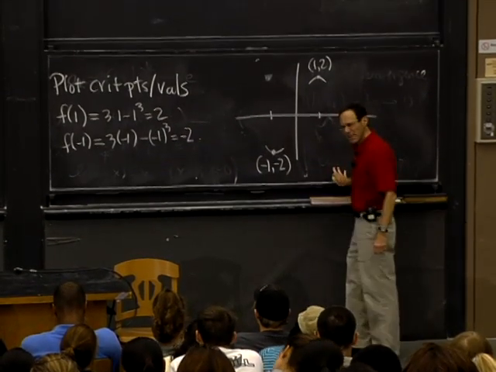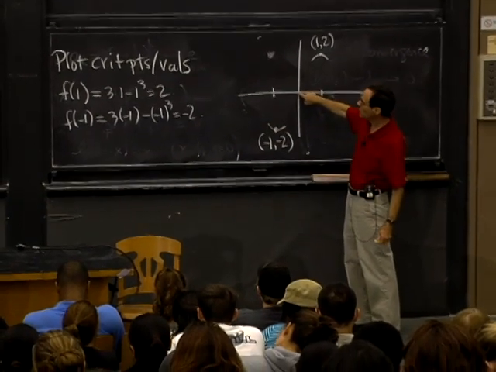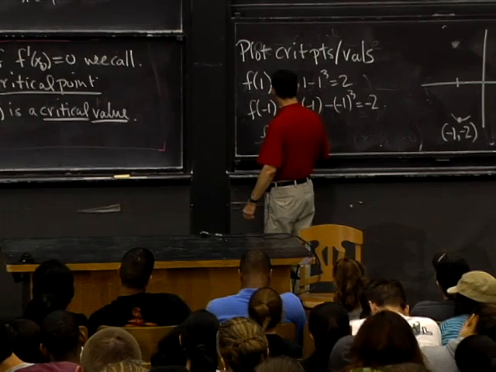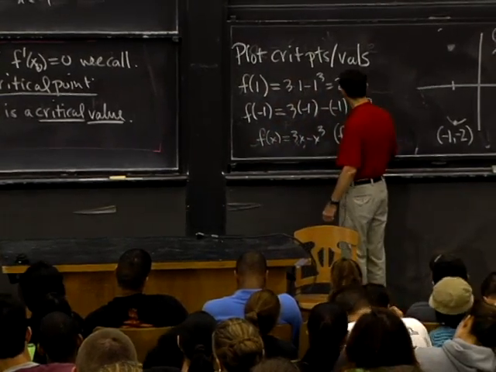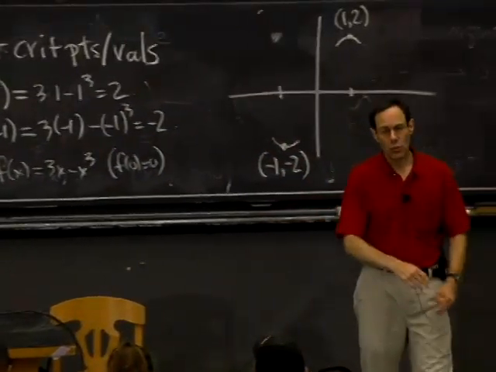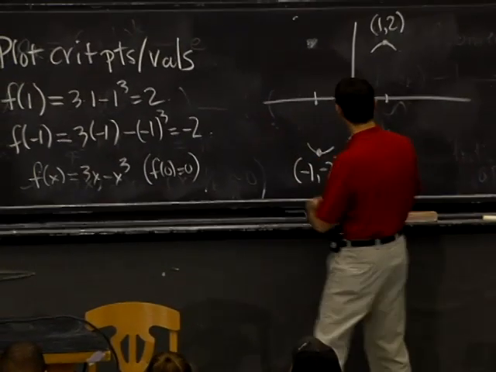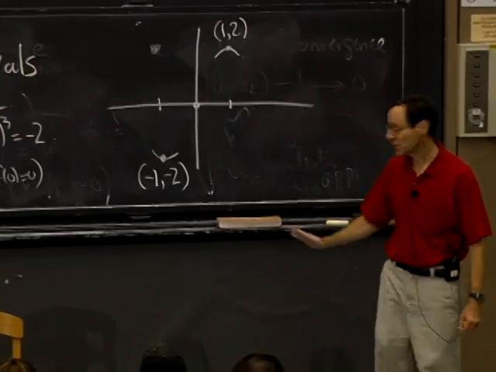In order to fill in a guess, though, and have it be even vaguely right, I do have to notice that this function crosses the origin, right? The function f of x is 3x minus x cubed, happens to also have the property that f of 0 is equal to 0. Again, common sense, you're allowed to use your common sense. You're allowed to notice a value of the function and put it in. Okay? So there's nothing wrong with that if you happen to have such a value.